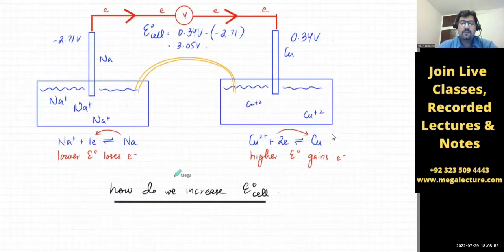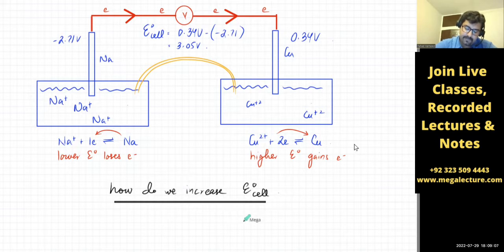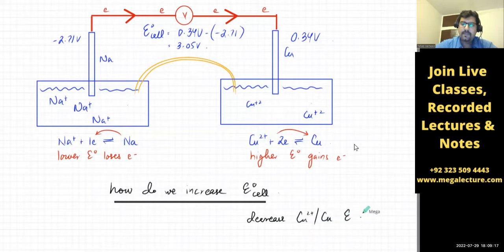So you can either decrease the potential on the copper electrode, so you can do two things. Decrease the Cu2 plus Cu potential. Or vice versa, you can either increase, sorry, don't decrease this, increase this.